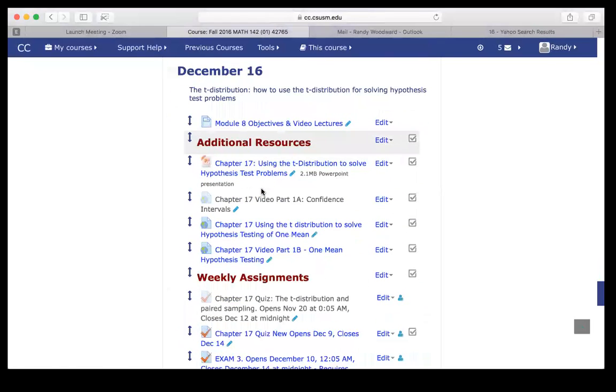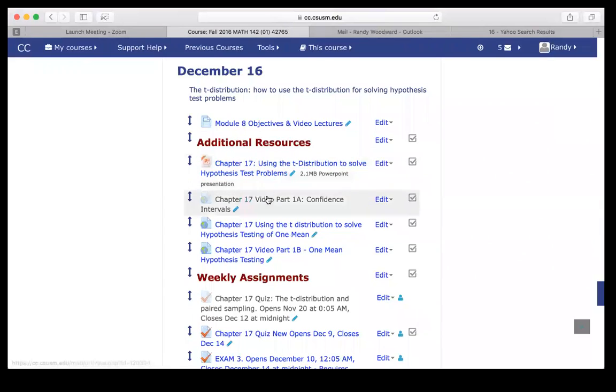Chapter 17 has 3 parts to it. It has the t-distribution, which we have to figure out how to do, and that's the one I'm pretty sure I made. I thought I had uploaded it, but I don't see it.